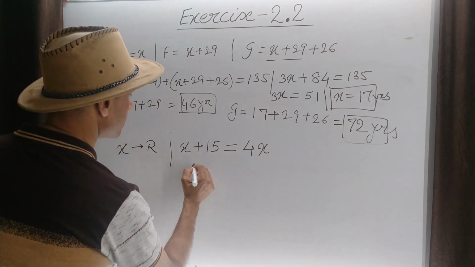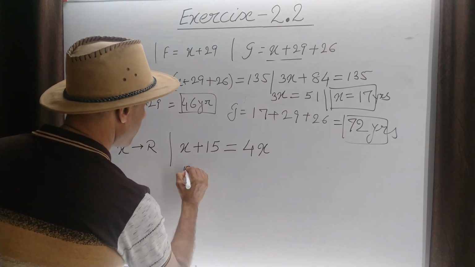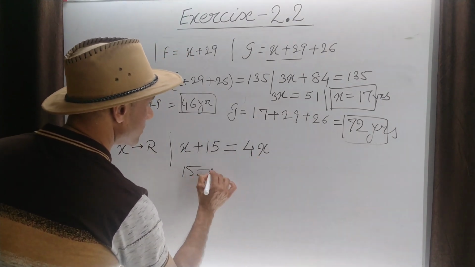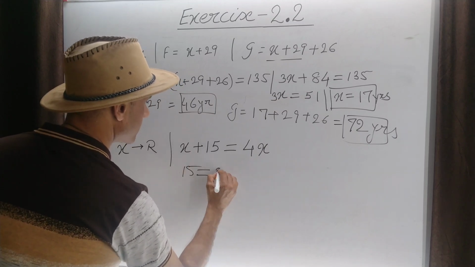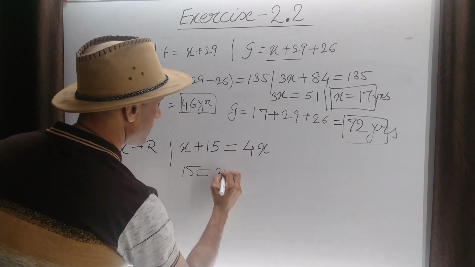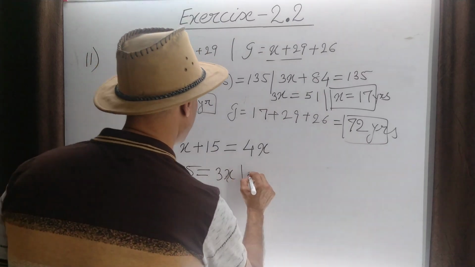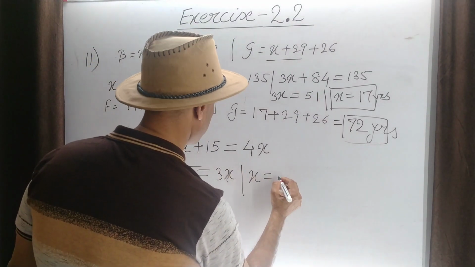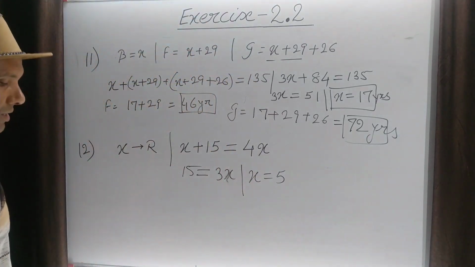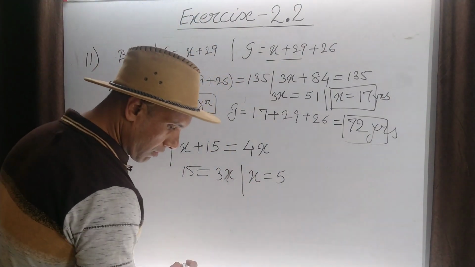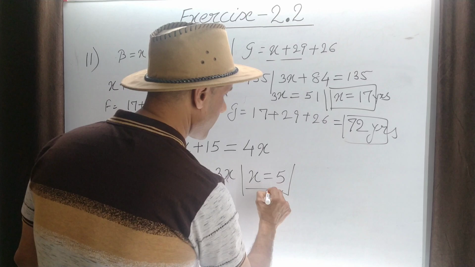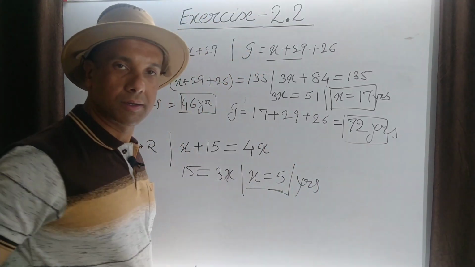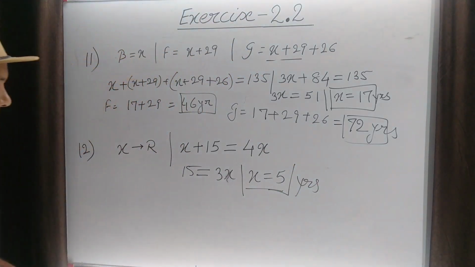So we get 15 is equal to 4x minus x, that is 3x. So we get the value of x as 15 divided by 3, that is 5. So the present age of Ravi is 5 years. Correct? Understood?